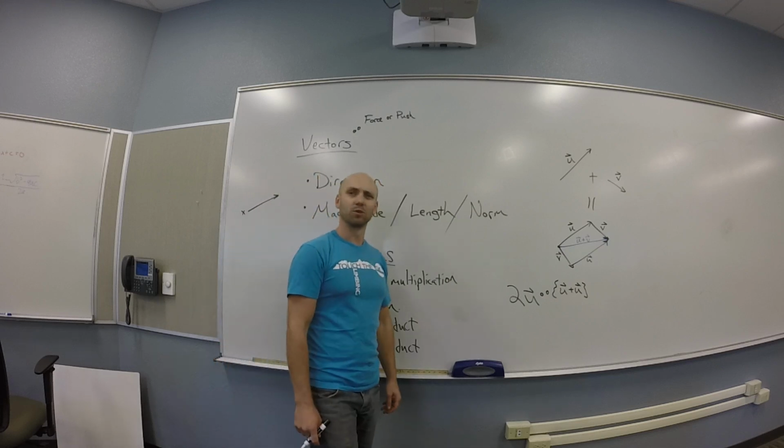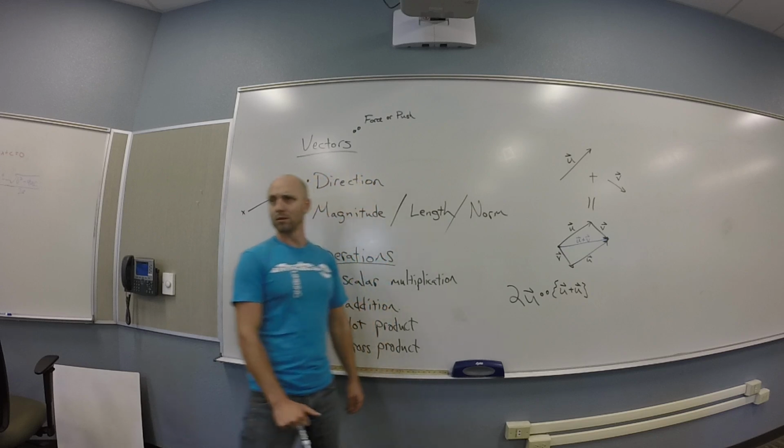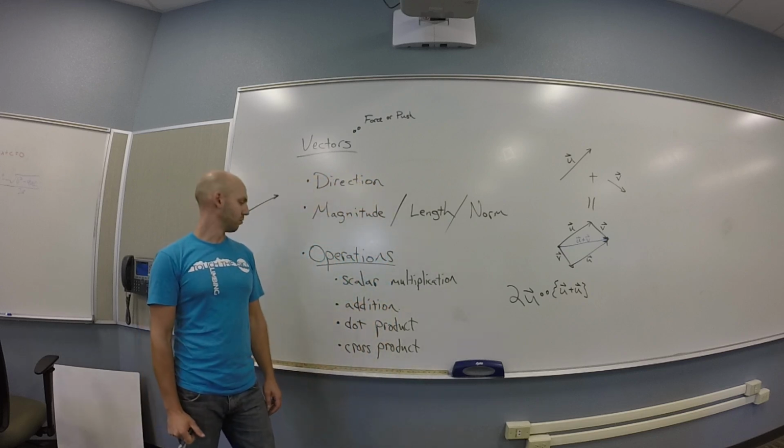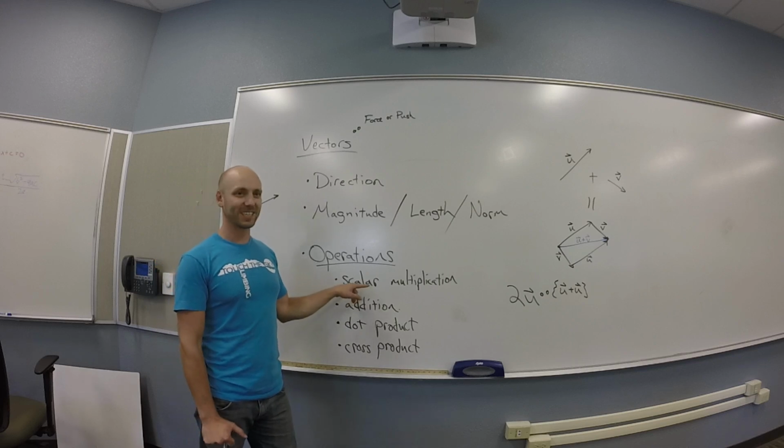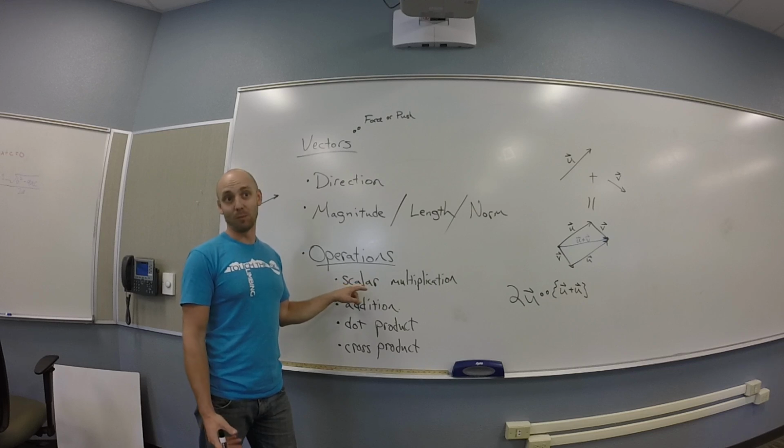What else could I define this way? That's a scalar. What's a scalar now? You're multiplying a vector by something. Yeah, multiplying a vector by whatever a scalar is. A scalar is just a constant, a number out of somewhere.